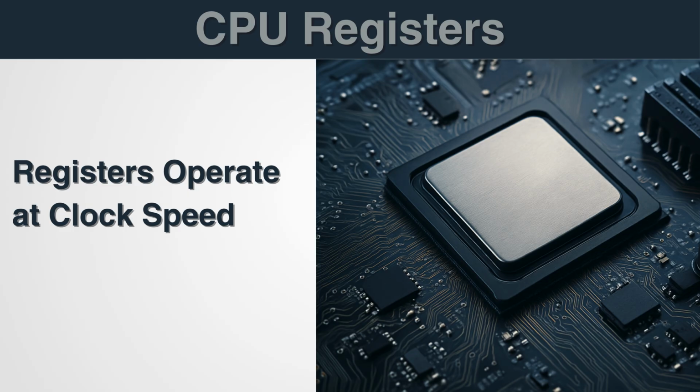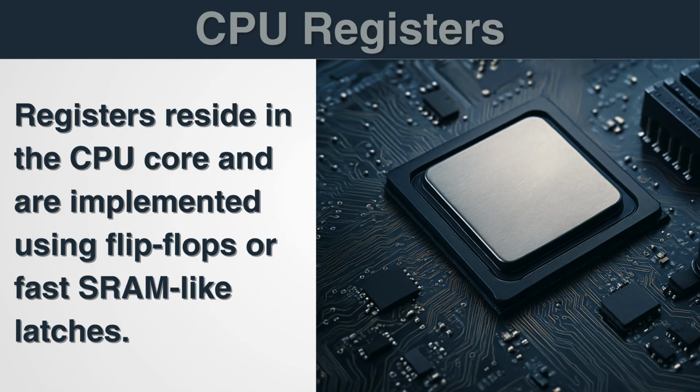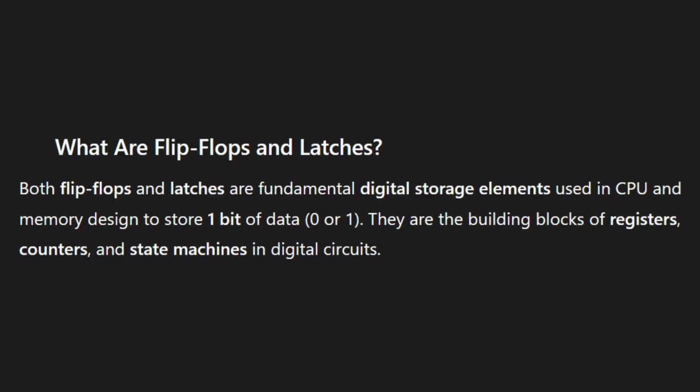Registers operate at clock speed, but there are nuanced technical realities. Registers reside in the CPU core and are implemented using flip-flops or fast SRAM-like latches. Both flip-flops and latches are fundamental digital storage elements used in CPU and memory design to store one bit of data, 0 or 1.